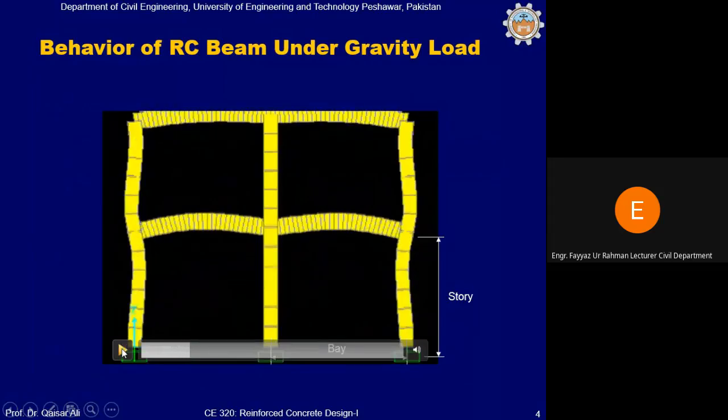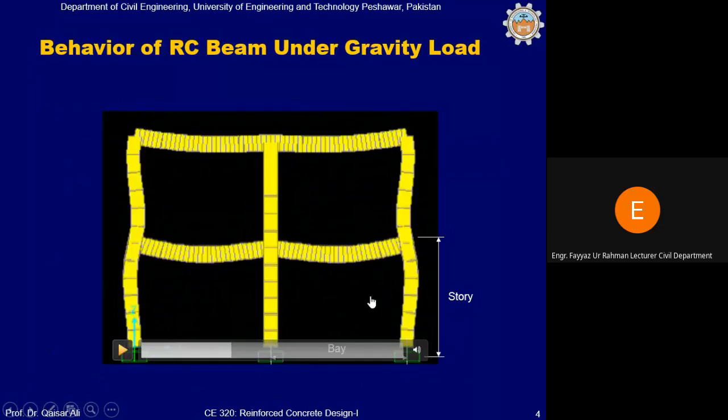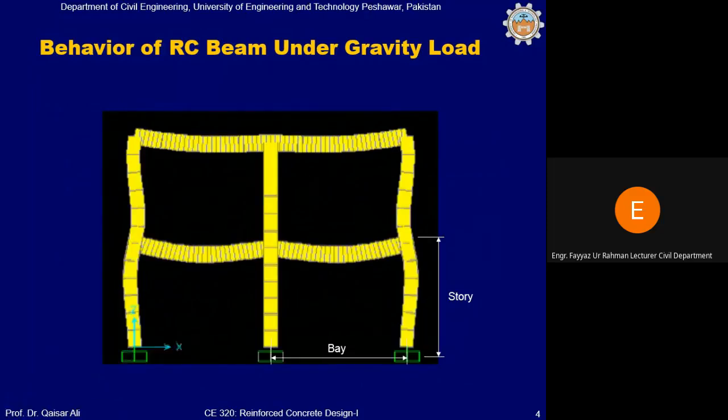If you closely watch this animation, this beam is divided into small elements. Take this element exactly at the center of the beam: you can see there is elongation at the bottom, which indicates tensile stresses, and it is contracted at the top, which indicates compressive stresses.